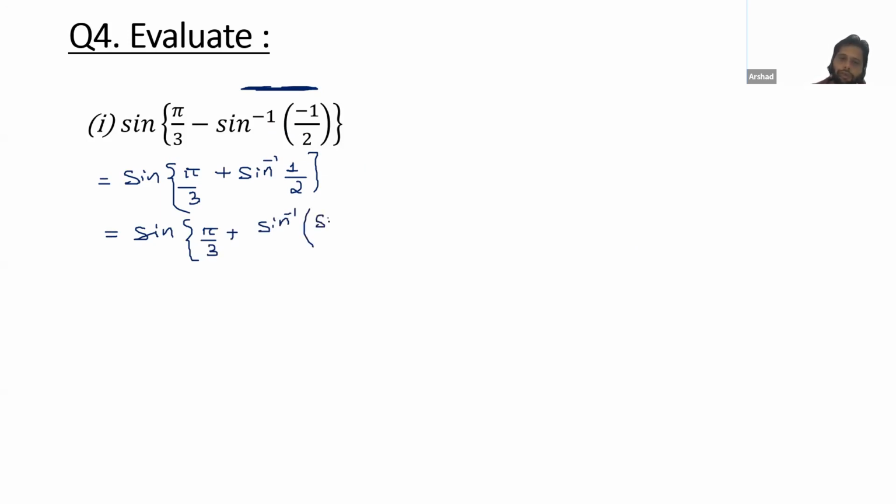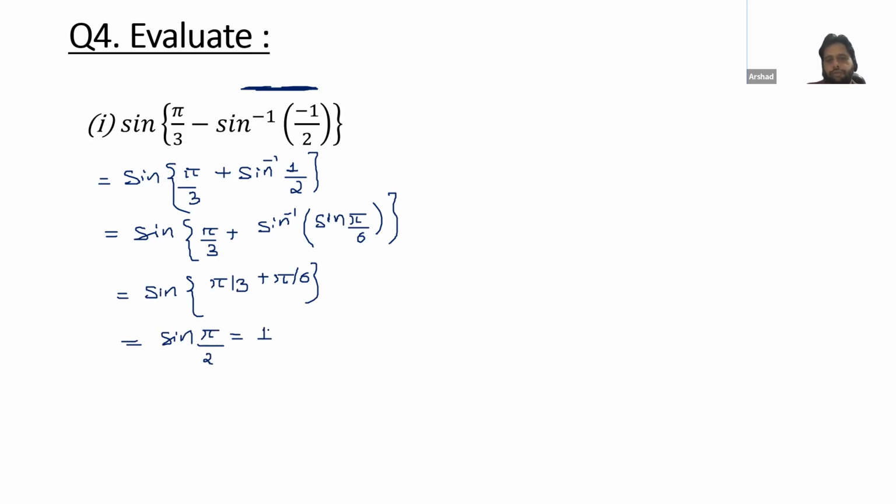We can write it as pi by 6. So this is sine of pi by 3 plus pi by 6. Pi by 3 plus pi by 6 will give you what? Pi by 2, so sine pi by 2 is 1. Is it clear?